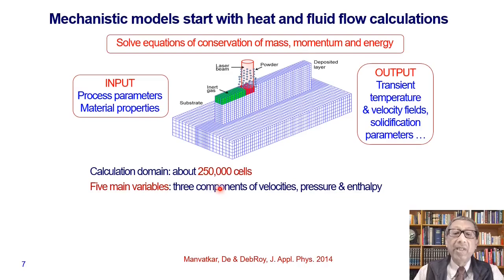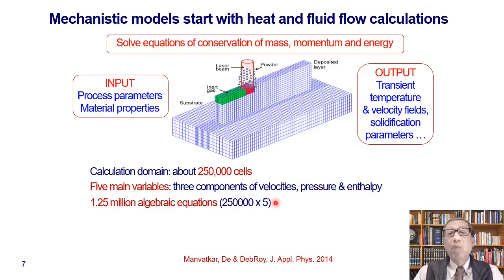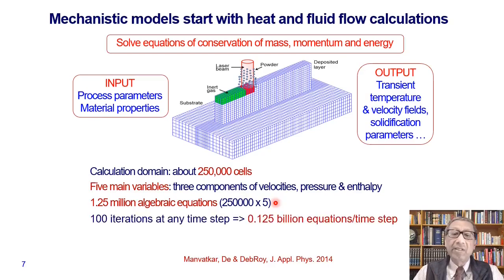We are solving 3 components of velocities, pressure, and enthalpy or temperature. And in total, we will have 250,000 cells and 5 equations for these 5 variables. So we'll be solving 1.25 million algebraic linear equations.